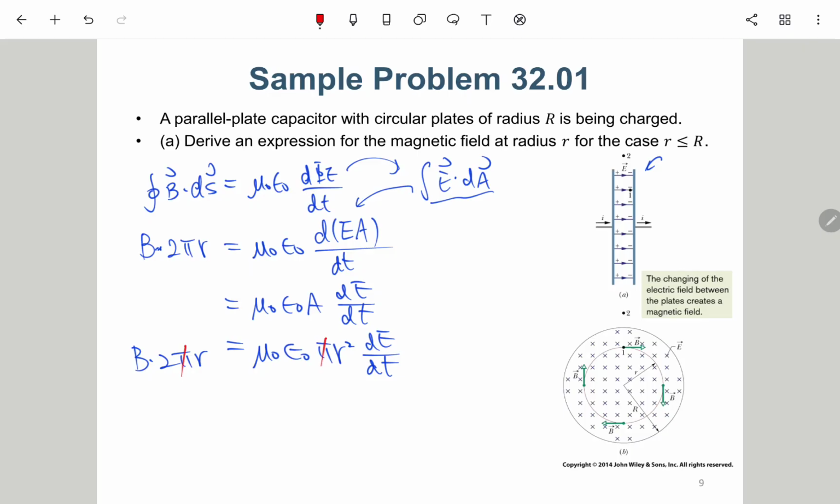Cancel this pi with this pi, cancel this r partially with this r square.